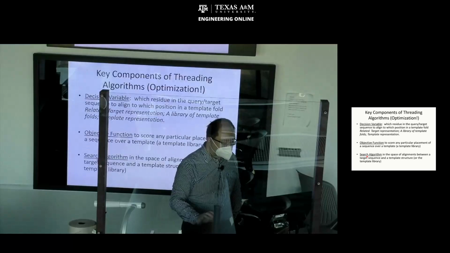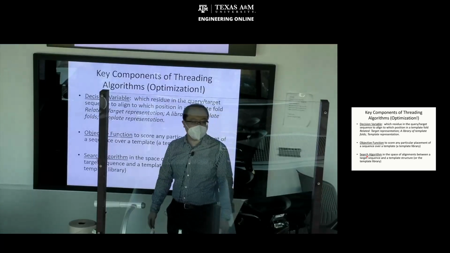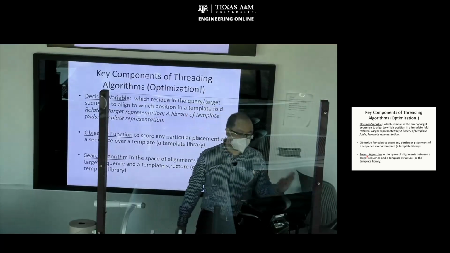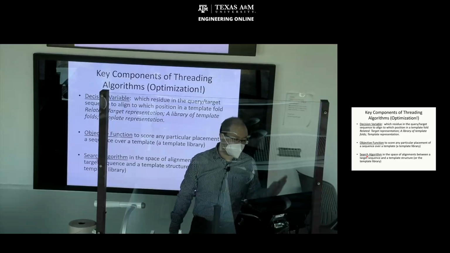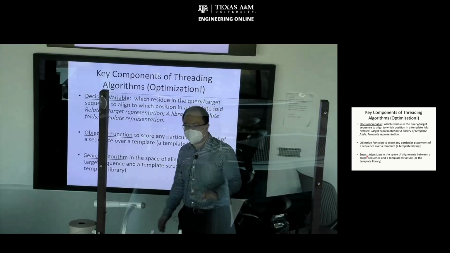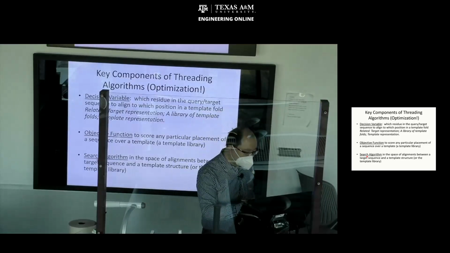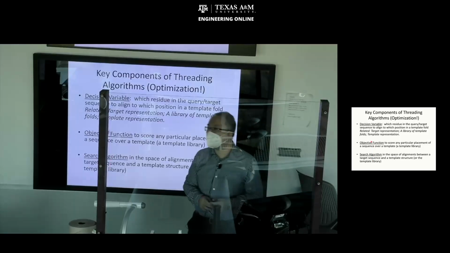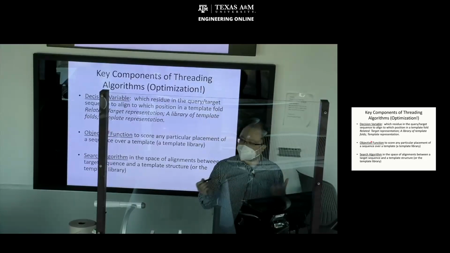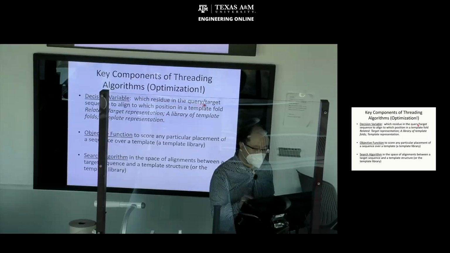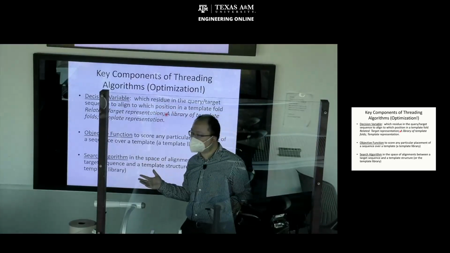So, let's talk about threading. There are three key components of threading, exactly the three for optimization: decision variable, objective function, and search algorithm. The decision variable, just like the sequence alignment, is about which residue in the query sequence to align to which position or residue in the template fold.